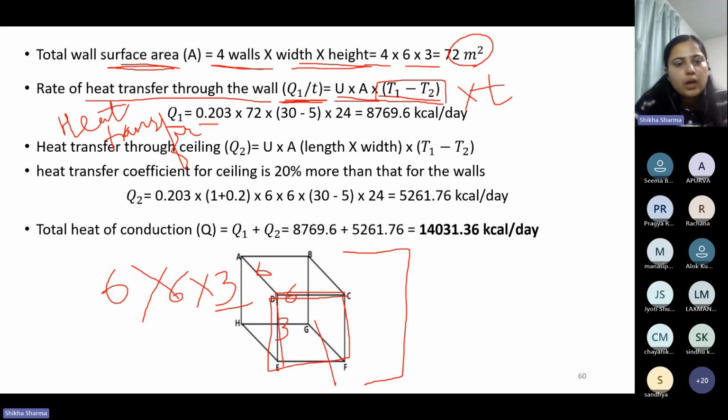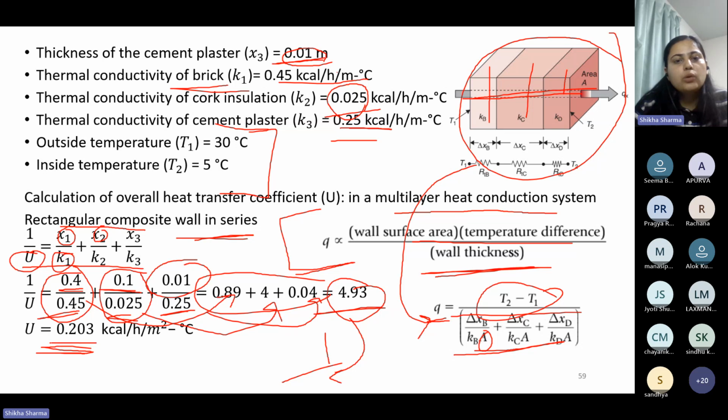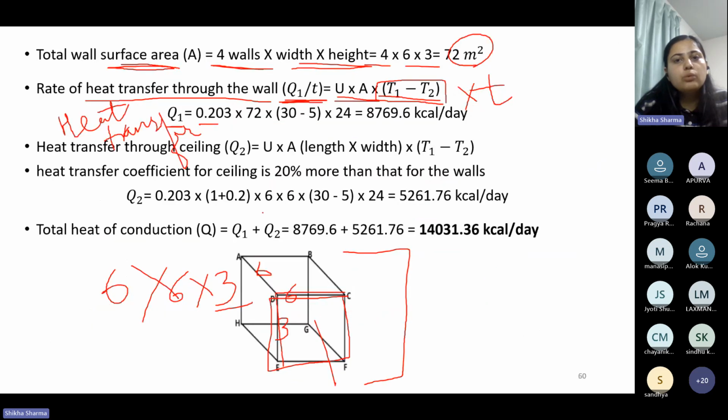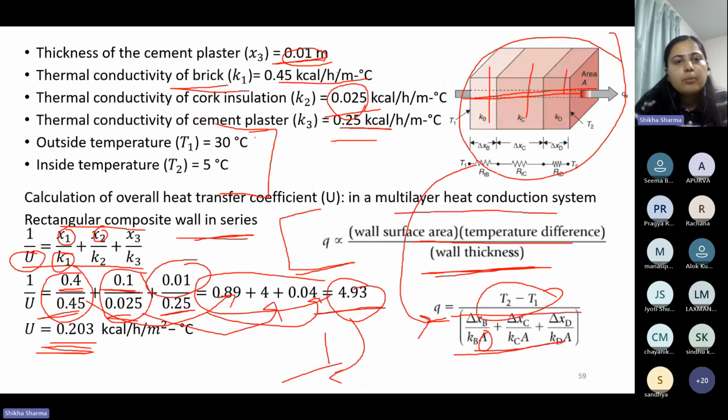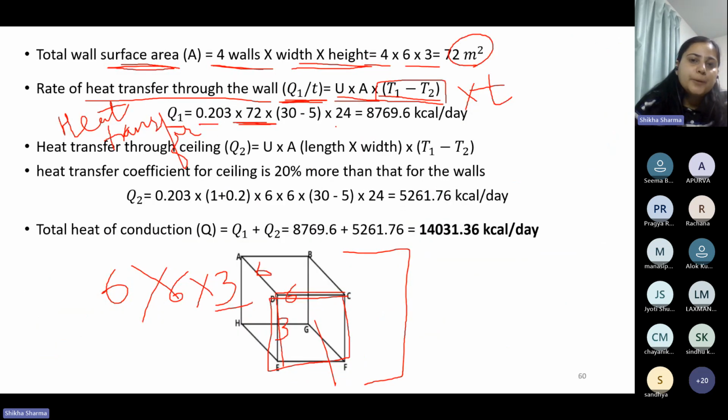So Q1 is equal to 0.203, which we calculated as the overall heat transfer coefficient, into area of the 4 walls, which is 72, into thermal gradient, which is outside temperature minus inside temperature, 30 minus 5, into time, which is 24, because we need to calculate per day.